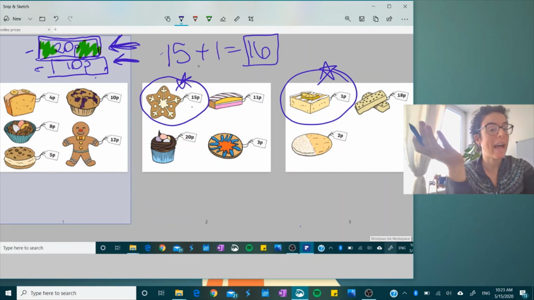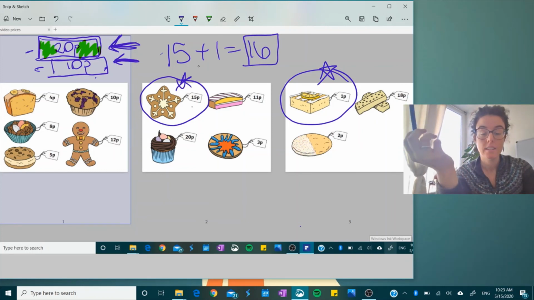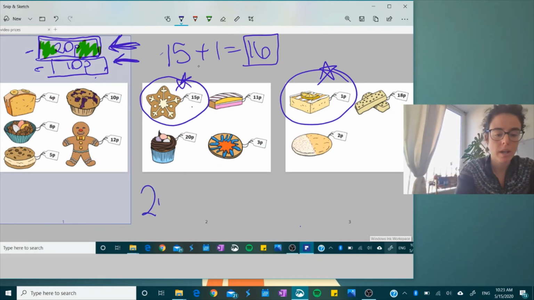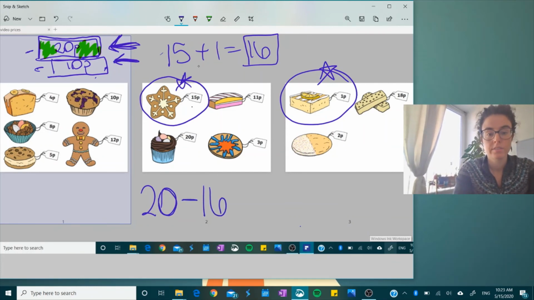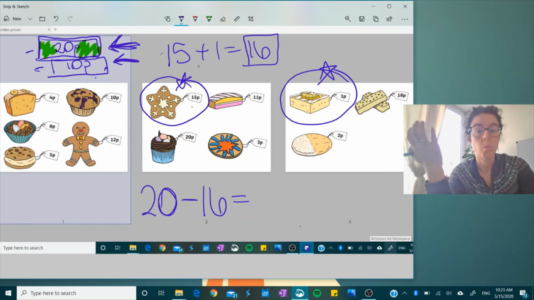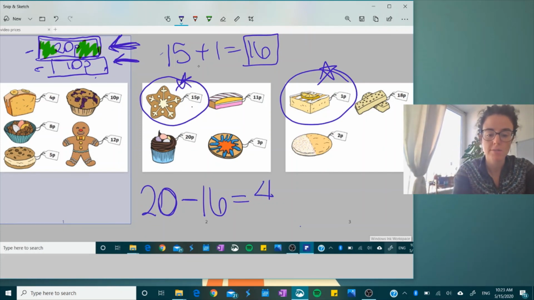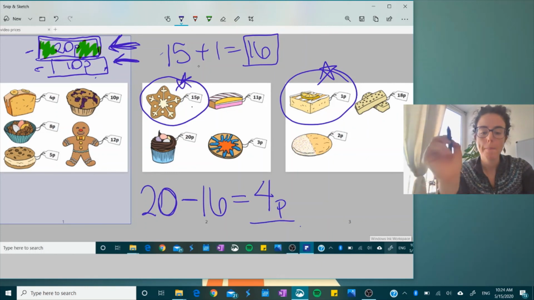Well, if I pay with 10, I still don't have enough money. But if I pay with 20, it's okay because it's more than 16. So I pay with 20. We need to subtract the total and then find out what is my change. What do you give me? What do you think? Yeah, that's right. You give me 4p in return. So my change is 4p.